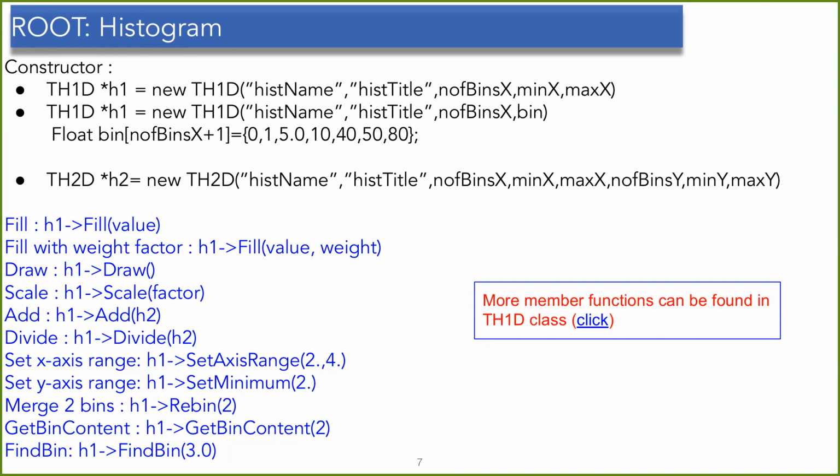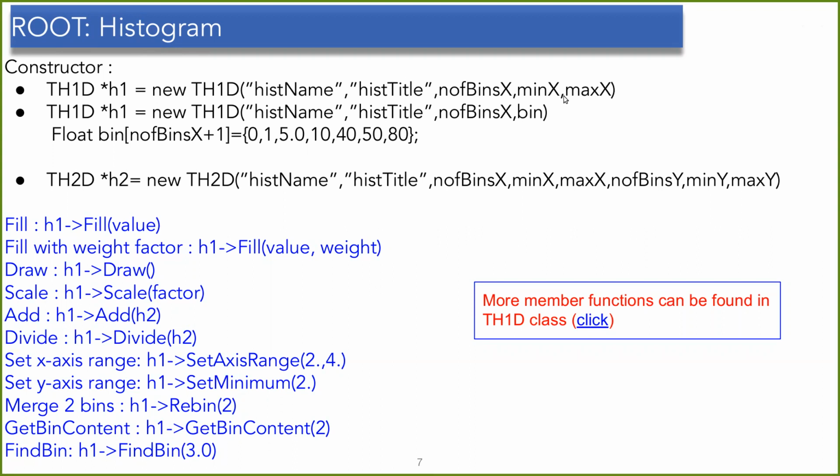This histogram can be constructed using the TH1D object. Here I have constructed a histogram h1, and in order to construct that, we can write TH1D *h1. The star gives you a pointer to this histogram, and you can define the histogram this way, where the first argument, hist name, gives the name of the histogram, and the second argument gives the title of the histogram.